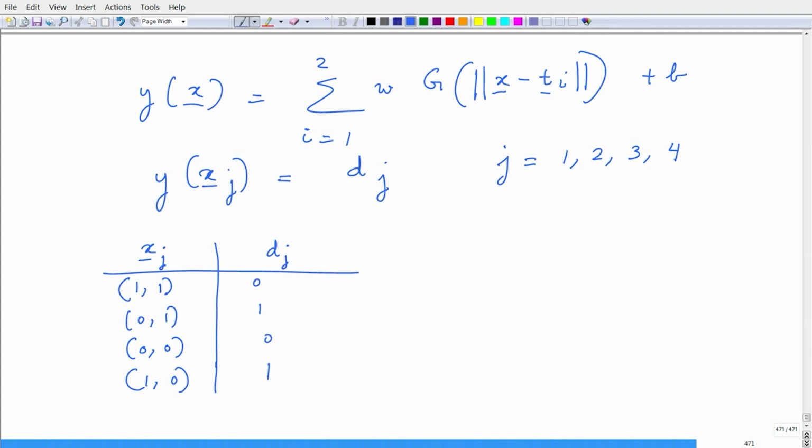So, the way this network looks is as follows. I have inputs x1 and x2, 2 coordinates, because it is a 2 dimensional vector. So, xj belongs to R2.